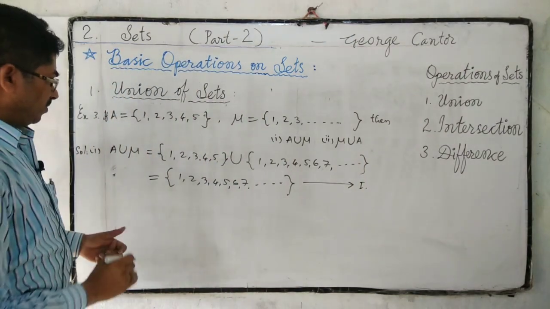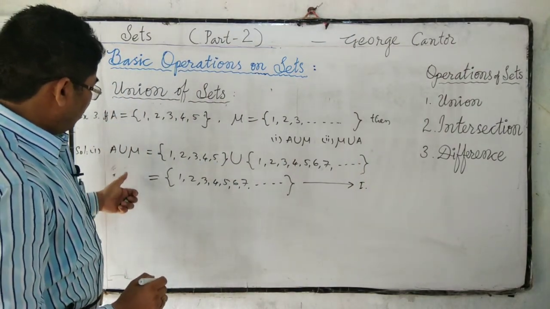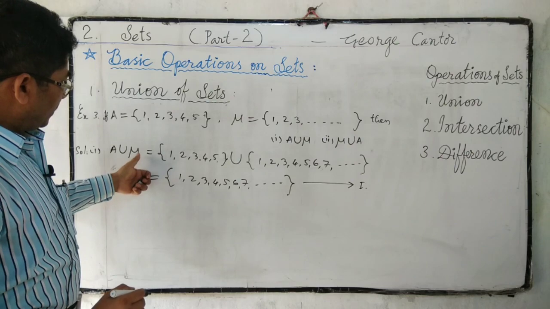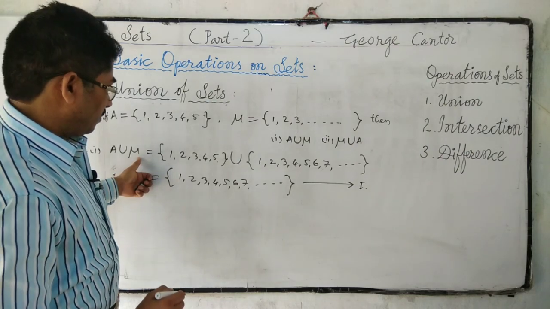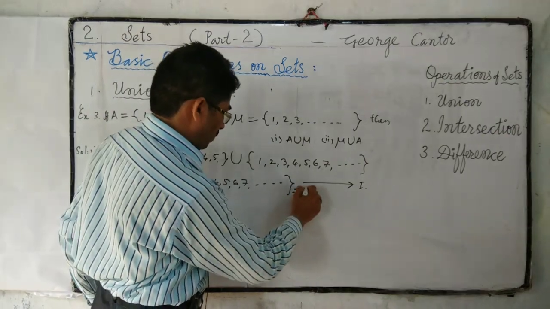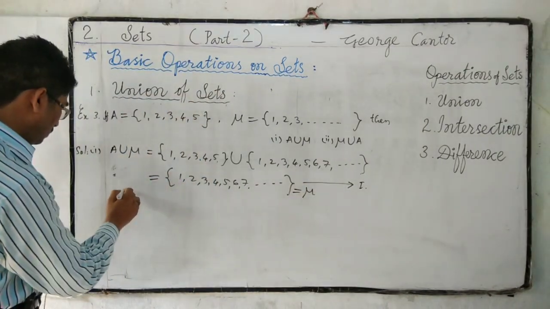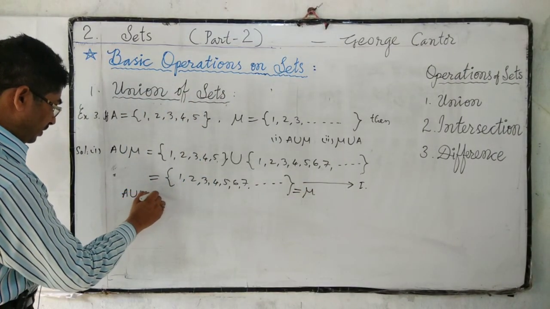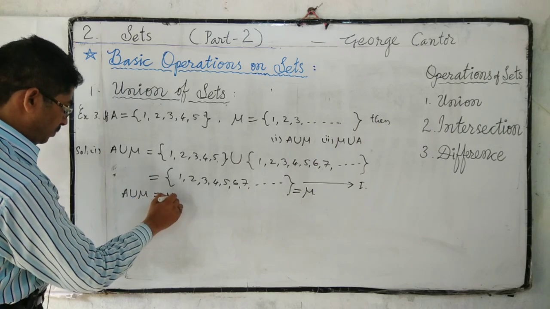What we observed is, if we find A union mu, we get mu only. A union mu is equal to mu.